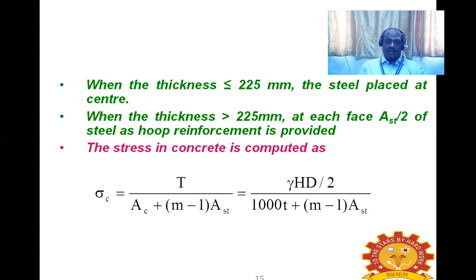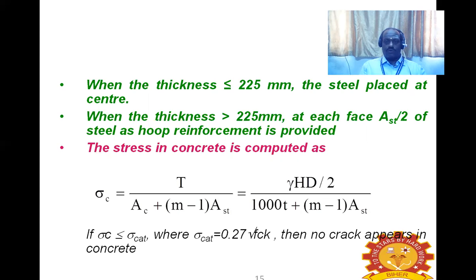And after finding out this thickness, based on that thickness, we are going to find the required diameter of the steel. Here, sigma c, that is the stress in concrete, is less than or equal to sigma cat, where sigma cat is 0.27 root fck.